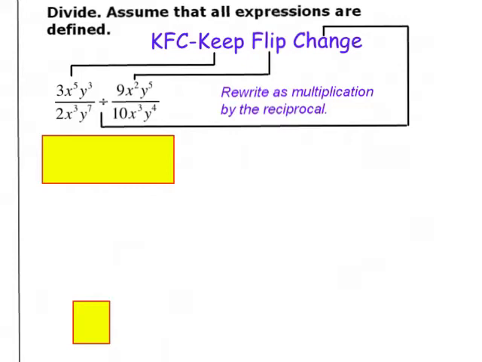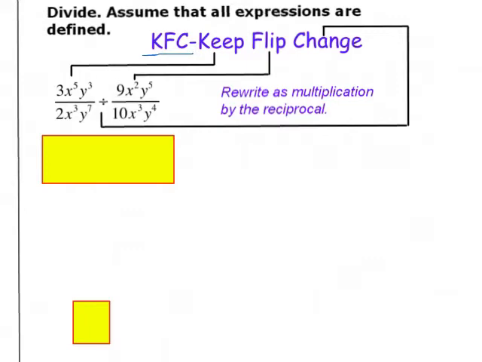So, remember with division, you flip over the second piece, which is the denominator, and then you multiply. Now, I have a little saying that I like to use here. It's called KFC. We're going to keep the first one.